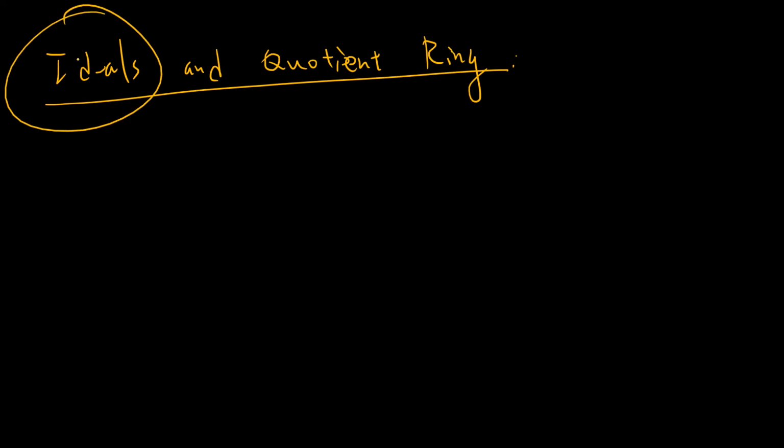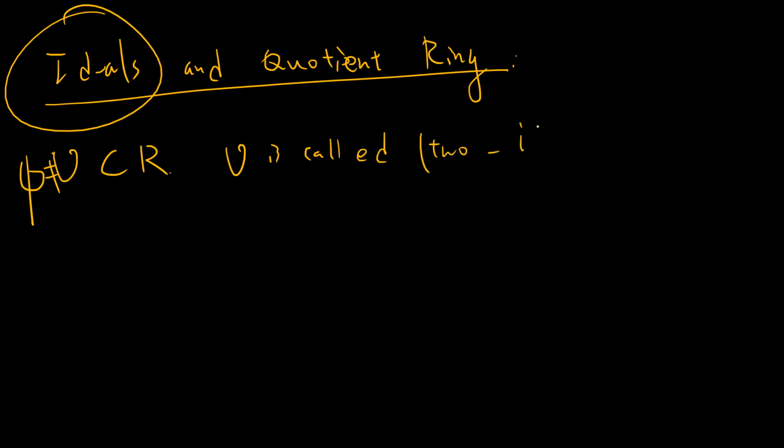People study a ring by studying its ideals. So you take a subset U of the ring; by the way, U needs to be non-empty. It's called a two-sided ideal. From here on we only talk about commutative rings with identity.